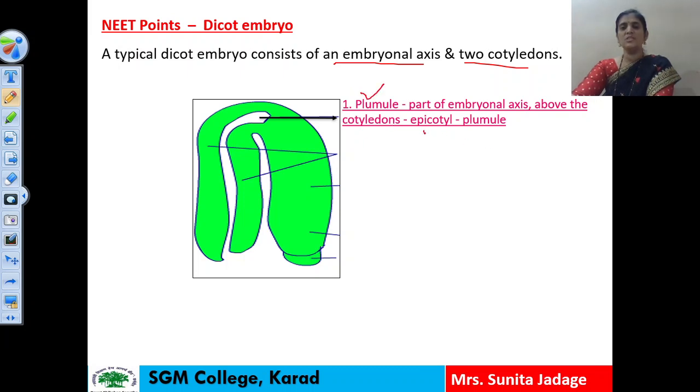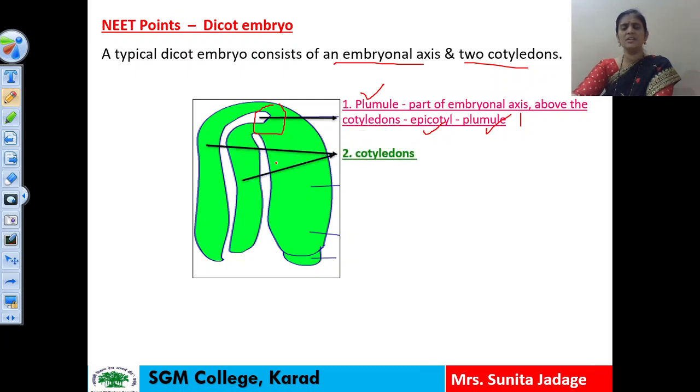It forms an epicotyl-like structure which is converted into plumule, and from the plumule the shoot system will be formed after seed germination. So this is the first part, plumule, which is the part of the embryonal axis present above the cotyledons.